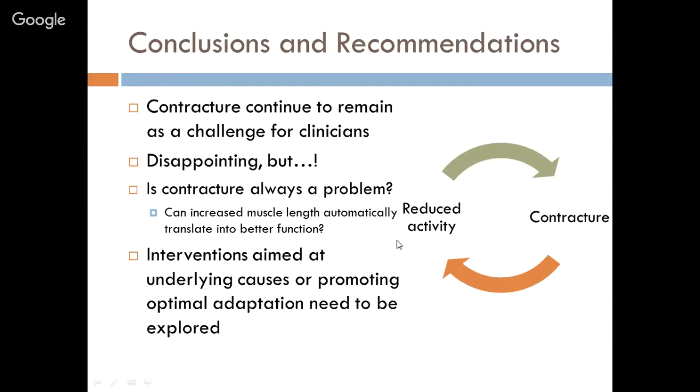If we can make the patients more active, then this would have an impact on it. Because it has a direct connection to activity level, I would recommend that we explore interventions aimed at the underlying cause, that is reduced activity, or interventions that promote optimal adaptation.